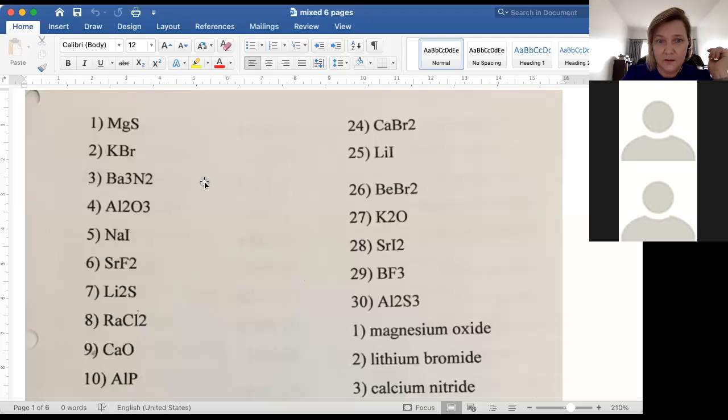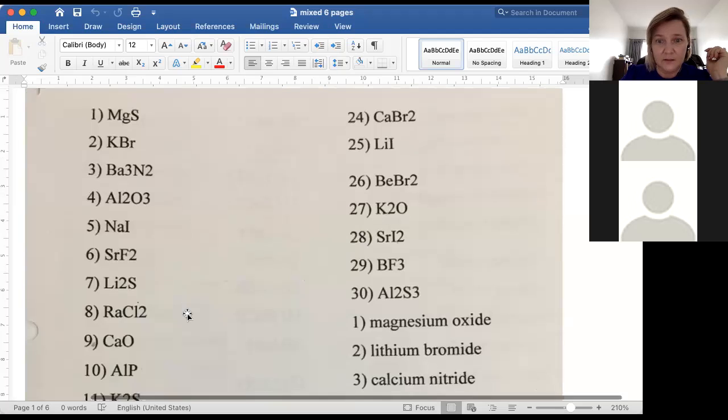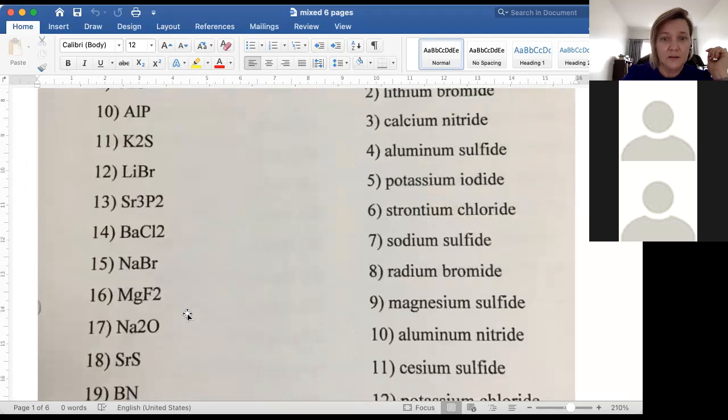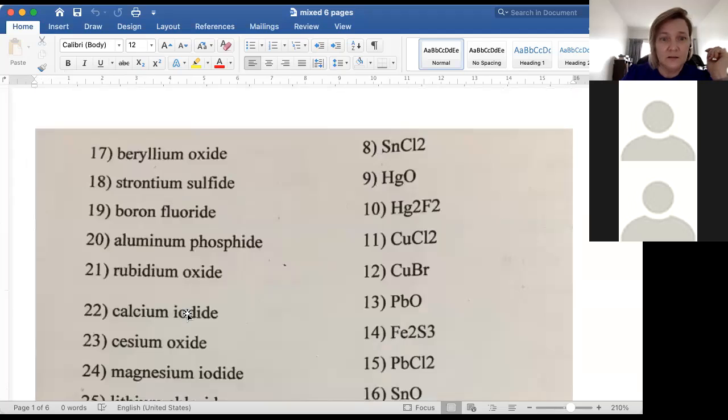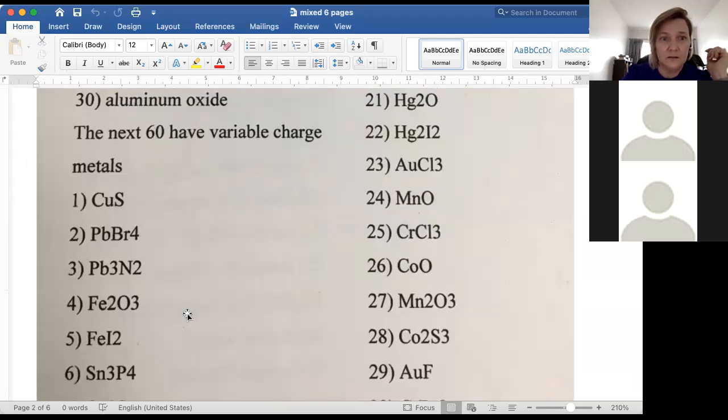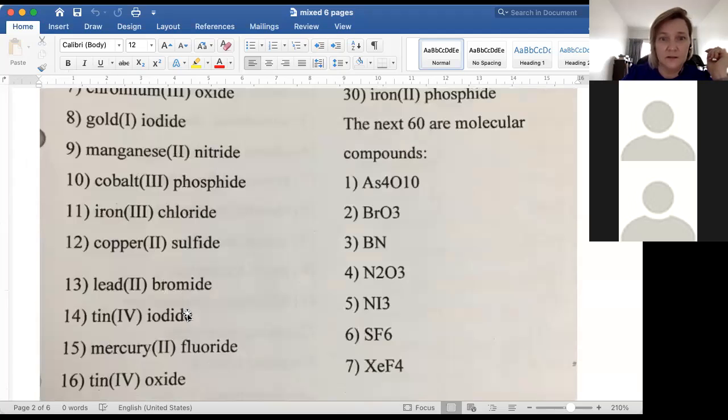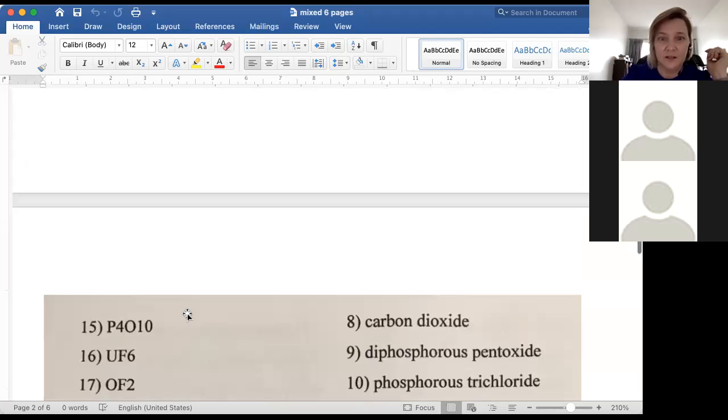Right, is it going to open? No. Okay, try it again. Okay. All right. Trying to find the correct section here. Here we go.